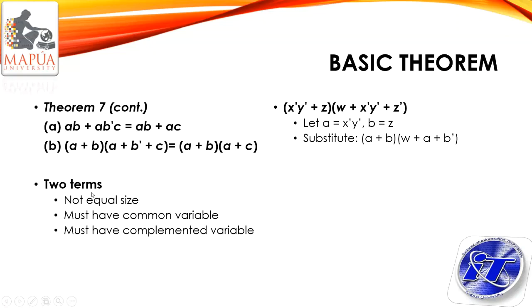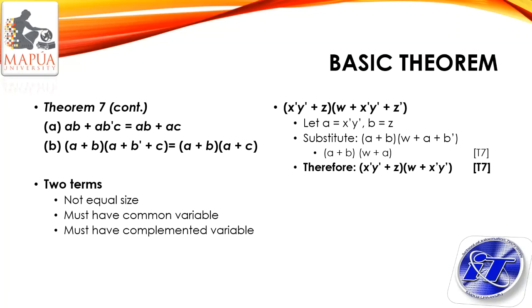Definitely, this is the same as form B. So therefore, we could eliminate the complemented version of B in the bigger term, or the one that has more variables. So B naught will be removed. So we have A plus B and the two W plus A. Therefore, we have x naught y naught plus z and then to w plus x naught y naught. So this will be our answer.